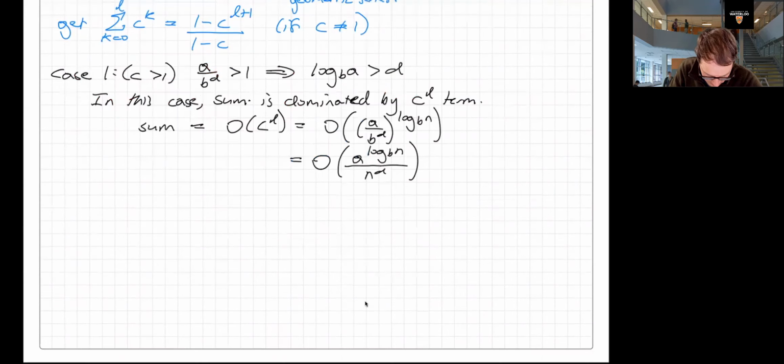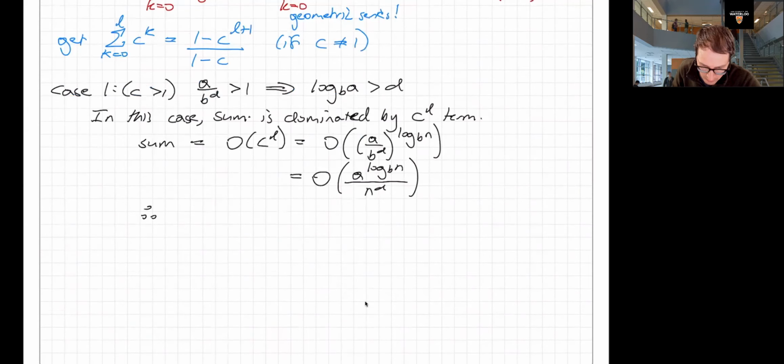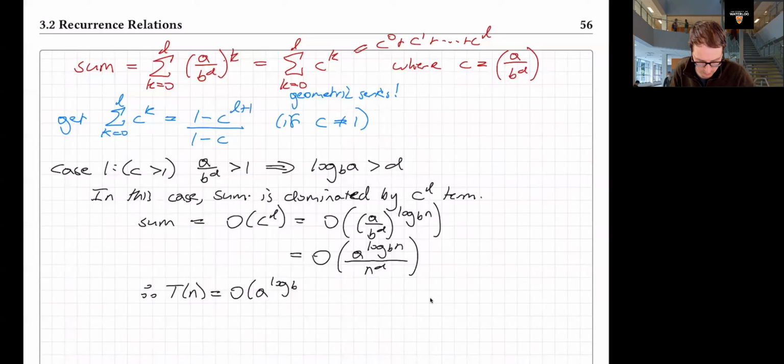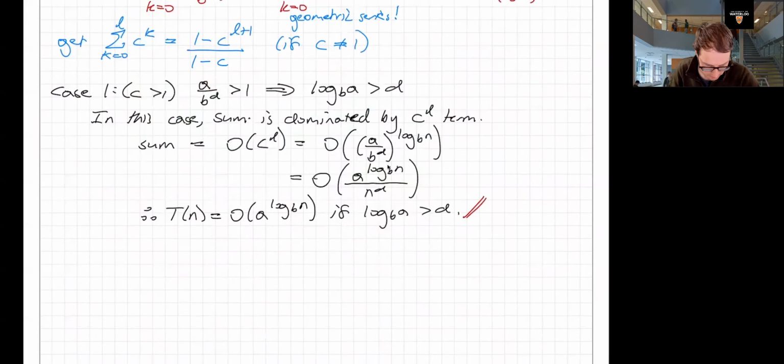And therefore, in this case 1, I get T of N equals big O A to the power of log base B of N. And that holds in this case where log base B of A is greater than D. Okay, that's case 1.